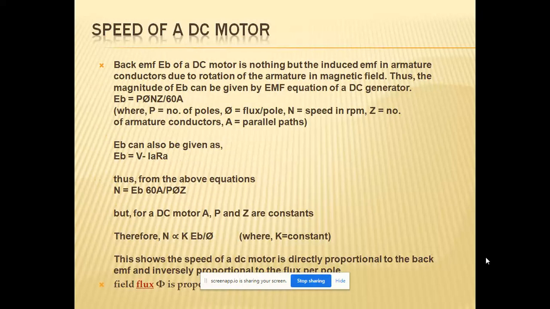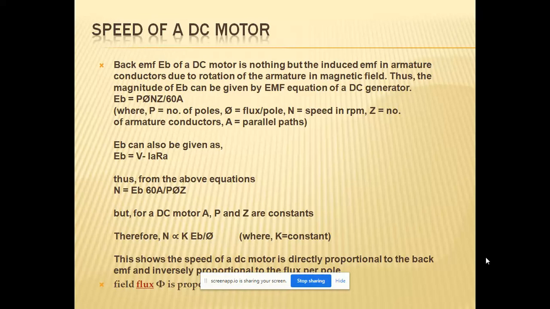Now the equation of DC shunt motor. Back EMF, EB, of a DC motor is nothing but the induced EMF in the armature conductor due to rotation of the armature in the magnetic field. Thus, the magnitude of EB, that means back EMF, can be given by the EMF equation of a DC generator. EMF equation of a DC generator equals back EMF equation of a DC motor.